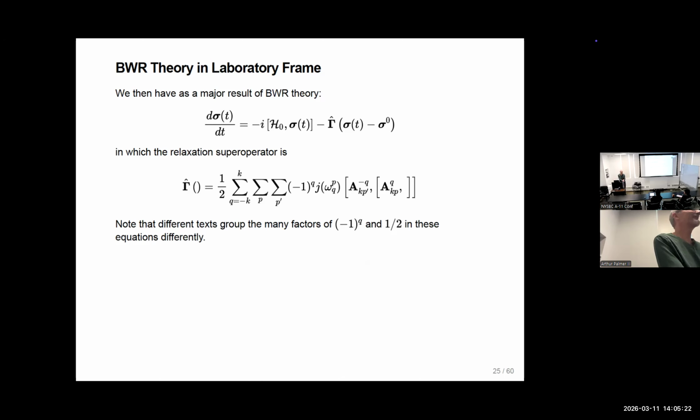How do you refocus chemical shift? With a spin echo. And again, this is after the stochastic process. We're back in the lab frame. This isn't the nanosecond tumbling anymore. This is on our time scale.